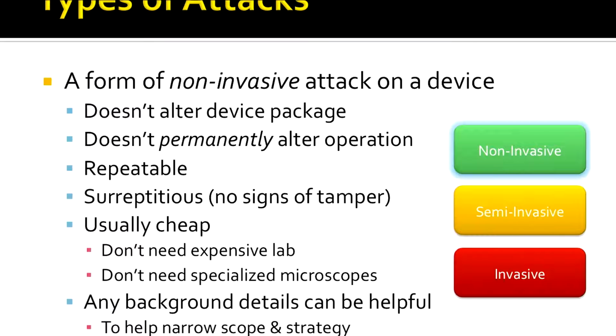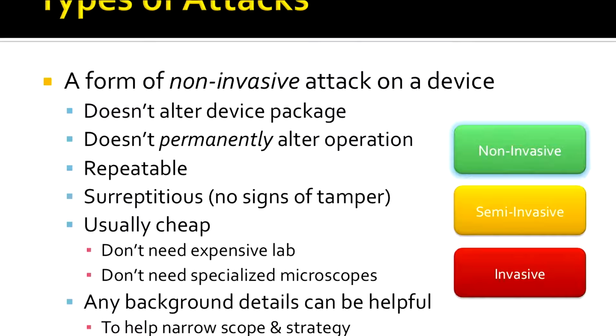If we focus on the right-hand side there on non-invasive, semi-invasive, and invasive types, electrical glitching would be considered a form of non-invasive attack on a device. This doesn't permanently alter the device's package, the physical epoxy black part of the chip. It doesn't permanently alter operation of the device, so when you stop glitching, it should work normally again.